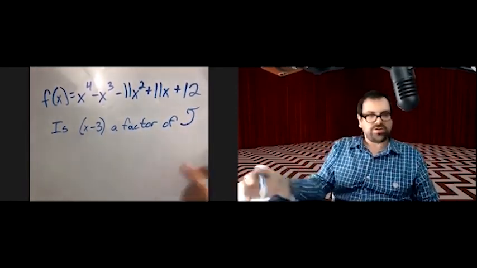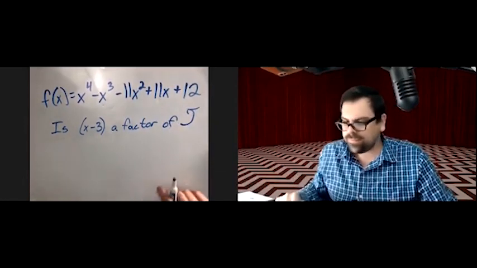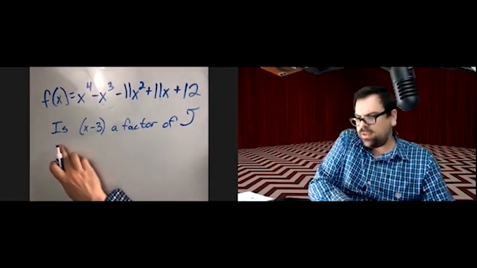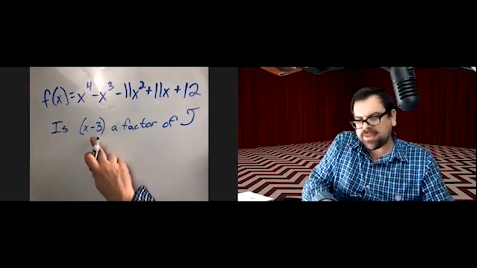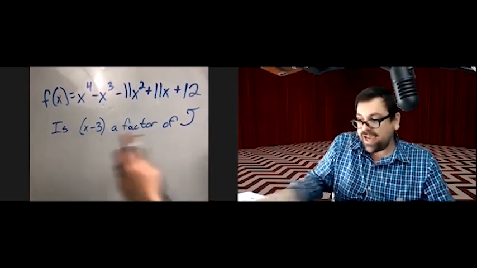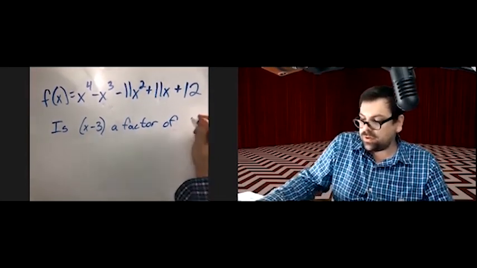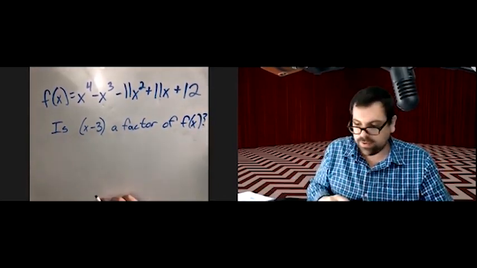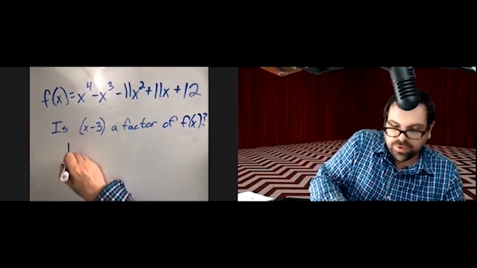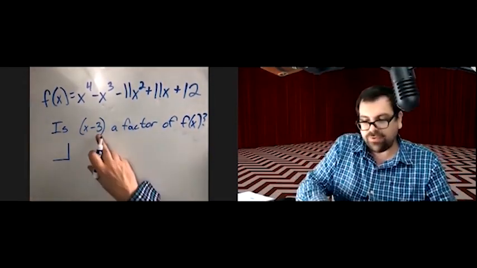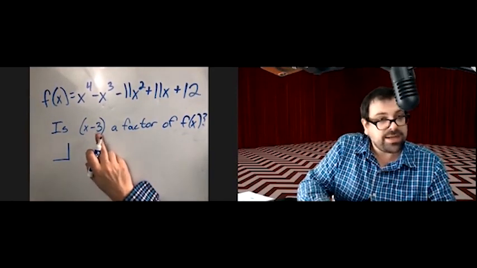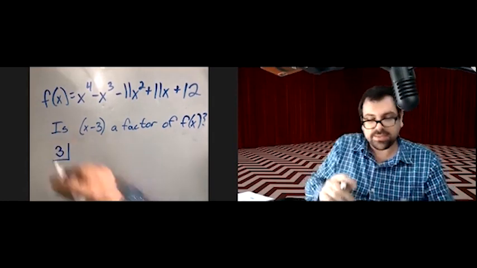That's an arrow, not a J. Well, to answer the question, is x minus 3 a factor of f of x? What we're going to be doing is checking to see if 3 is a 0. x minus 3, x minus c, c is 3.